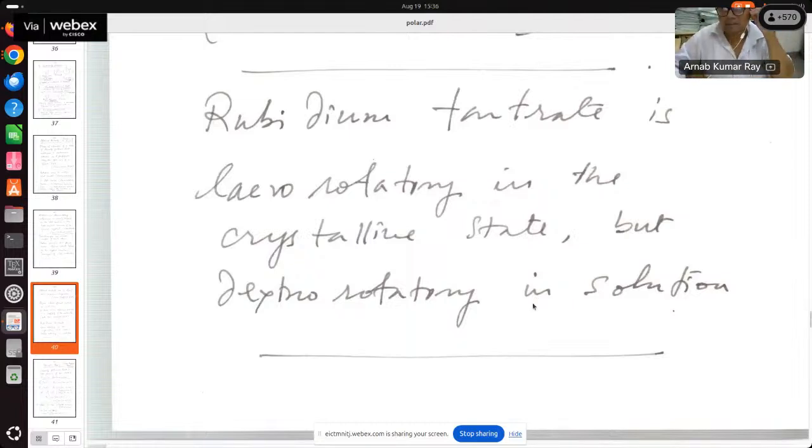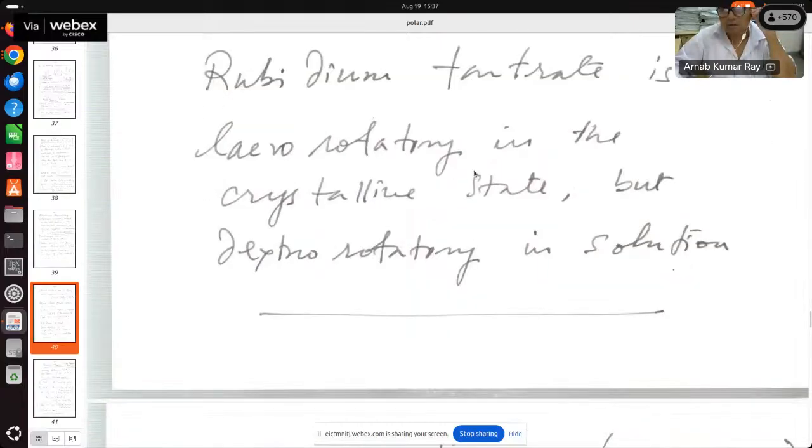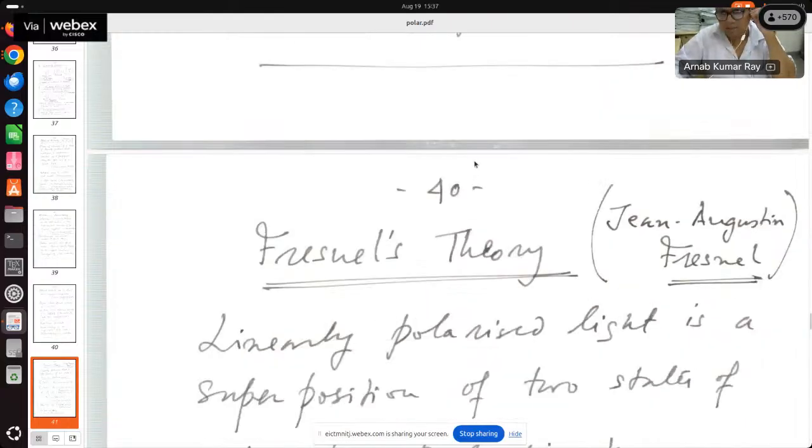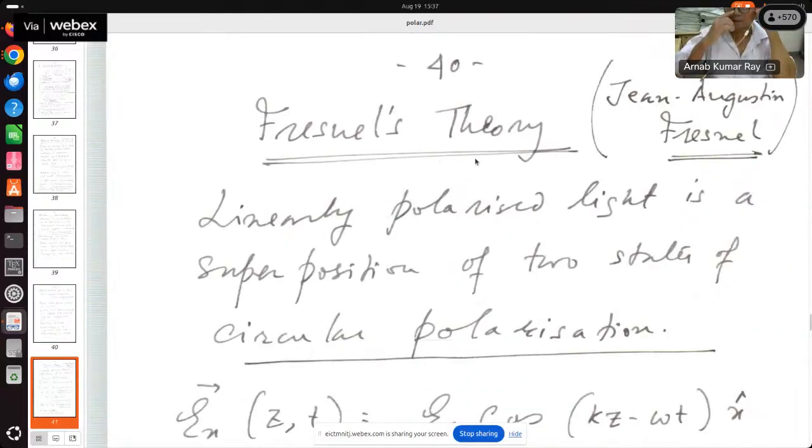Fresnel's theory doesn't at all give any answer to any of these things. Most of these features require pretty sophisticated chemistry to find out, so Fresnel did not have any idea of all that as well. But nevertheless, the theory that he gave is quite elegant. So let us now look at it.